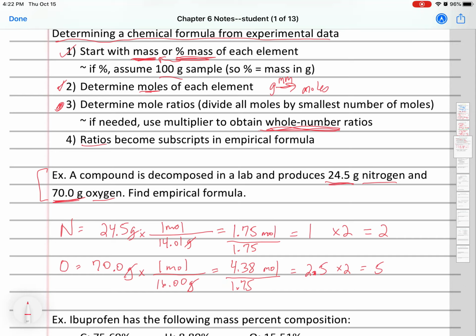So we multiply by 2 to get whole number ratios. In other words, what this means is that there are 2 nitrogens and 5 oxygens in this formula. So the empirical formula is N2O5. That's what these mean. These are the subscripts in our formula. So that would be the empirical formula for this compound.